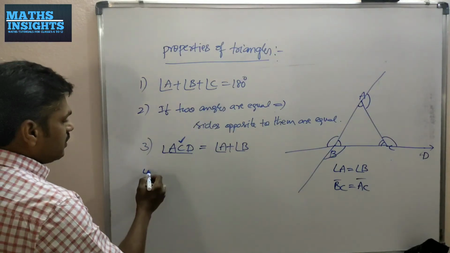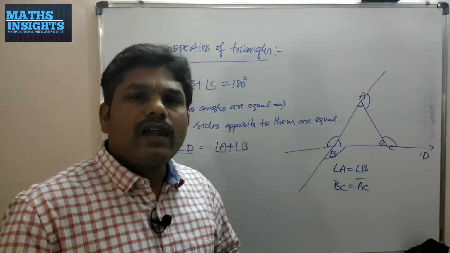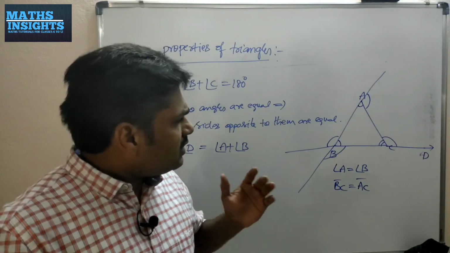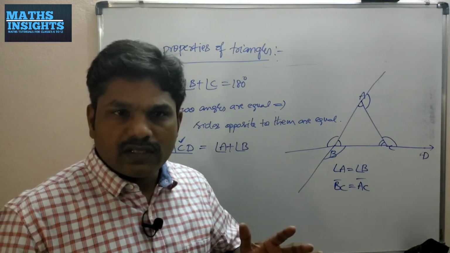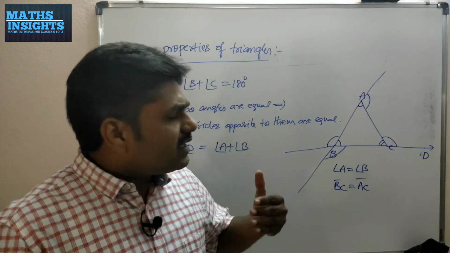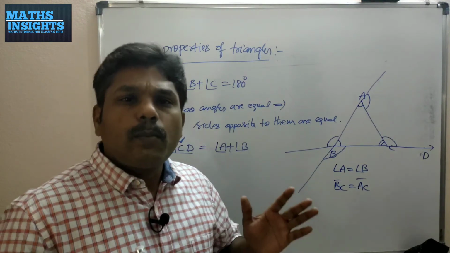Next, coming to the fourth property. If you want to draw any triangle, the main condition is the lengths of any two sides should always be more than the third side. Then it is possible to draw a triangle, otherwise it is not possible.